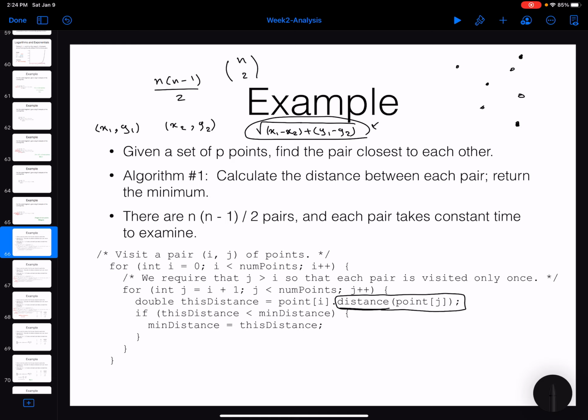So now, can you actually tell me how much time this function would take to be executed? It is going to be constant, right? I can write it as O of 1.